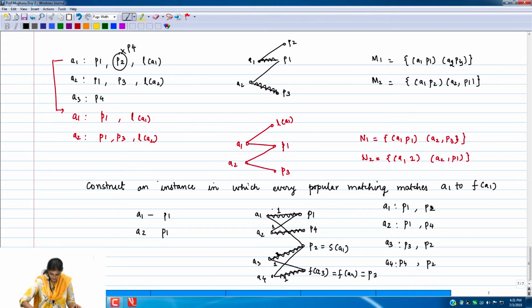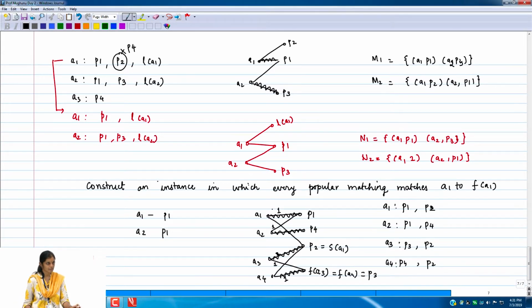Can I try to match A1 to P2? If I try to match A1 to P2, A2 can nicely go to P1, but what will I do with A3, A4? They cannot be matched within, because there's only one post which is P3 for them.